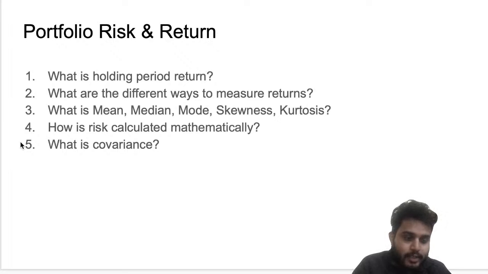Now think of it like this. Consider this example. Why do we sometimes not find the arithmetic return good? Think of it like this: I have 1 rupee, you invested this 1 rupee, and the next year it became 3 rupees. So there's a 200% increase. Then the following year it became, let's say, 1.5. That's a 50% decrease, right? And again there's a decrease, and it became back to 1 rupee.